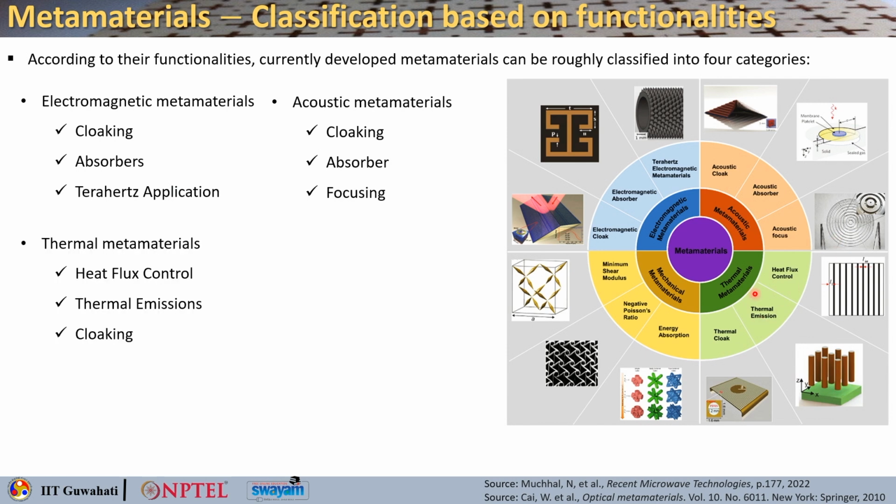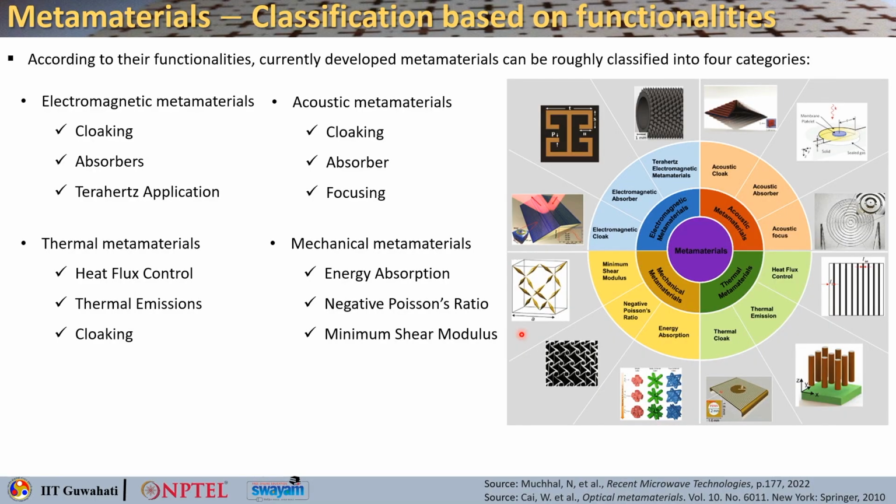You can think of thermal metamaterials, which can control the heat flux distribution, control thermal emissions, and also do cloaking. You can hide an object's thermal signature or mimic something else's signature, which is used for thermal camouflage, very important in modern warfare. And finally, you have mechanical metamaterials, which are very useful for impact reduction or energy absorption, with negative Poisson ratio and minimum shear modulus.